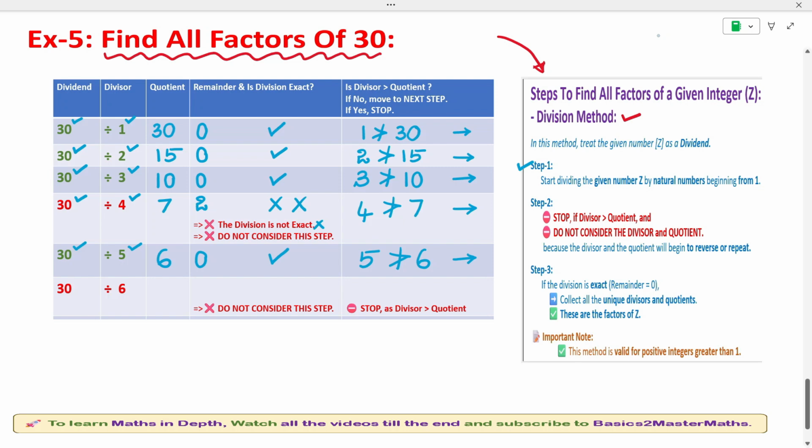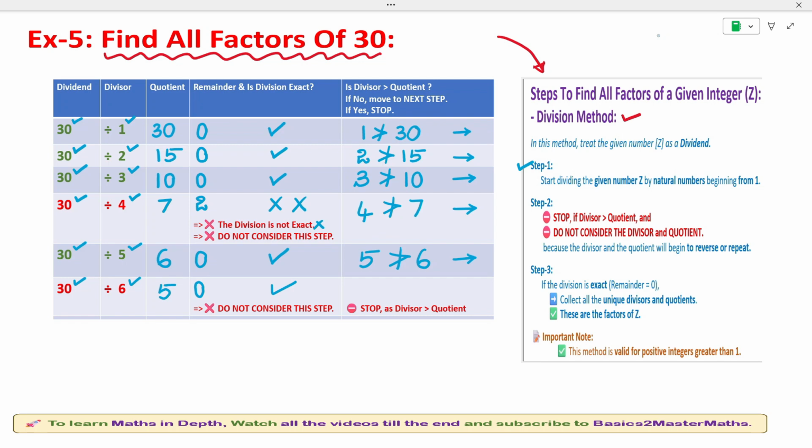When we divide 30 by 6, we get 5 as the quotient and 0 as the remainder. So, this division is exact.